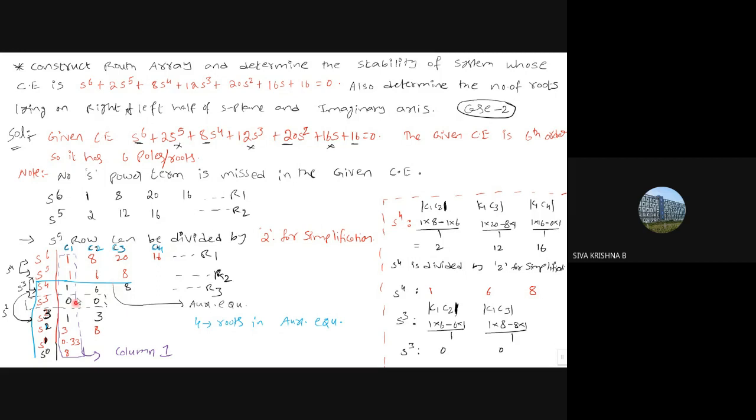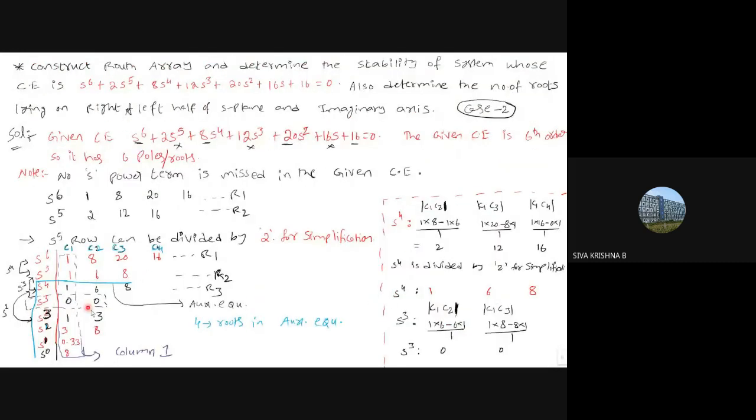I'm repeating, after taking the auxiliary row, that is S power 4 row, just differentiate the above row and put those differential quotients in the S power 3 row. So if you take this S power 4 plus 6s square plus 8, after differentiating, you will get 4s power 3 plus 12s.